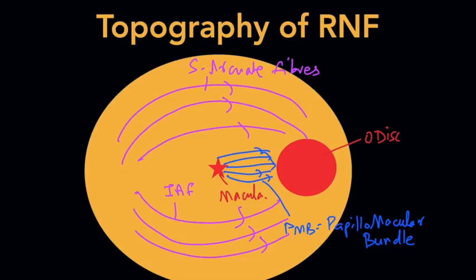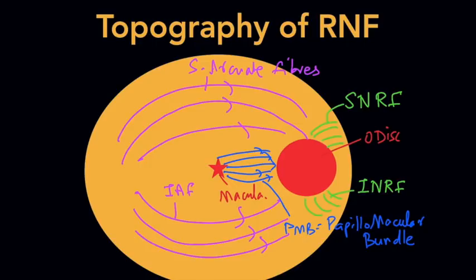Arcuate fibers is the term given to the fibers which are seen temporal to the disc. What about the nasal ones? The nasal ones are also going to come, not much of an arc, but more in a radial fashion. So these are called superior nasal radial fibers. These are called inferior nasal radial fibers.